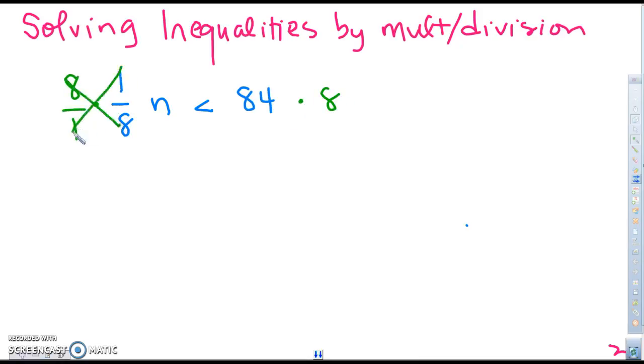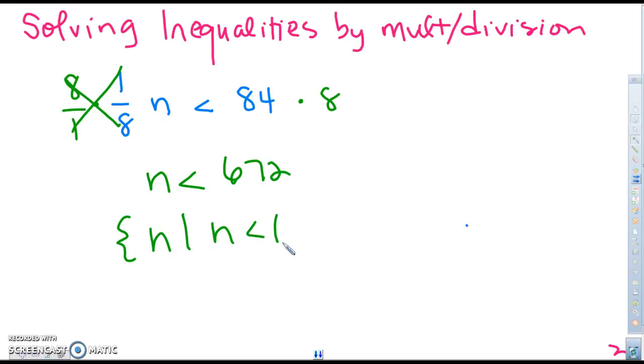These will cross out. I'll be left with n less than 84 times 8, which gives me 672. And again, I need to write that in the correct format to make us look like we really know how to do algebra. So I'm going to use my fancy brackets: n such that n is less than 672. Close fancy brackets.